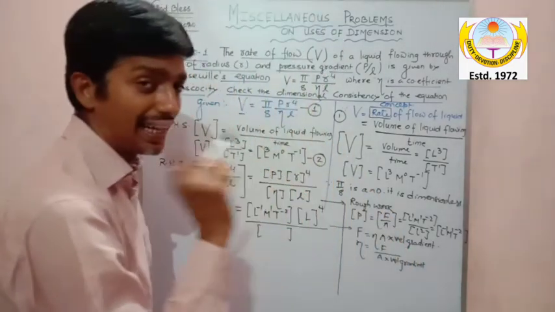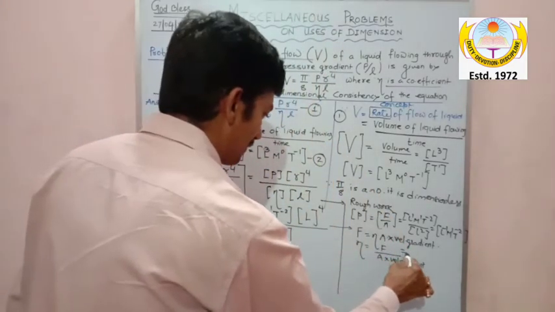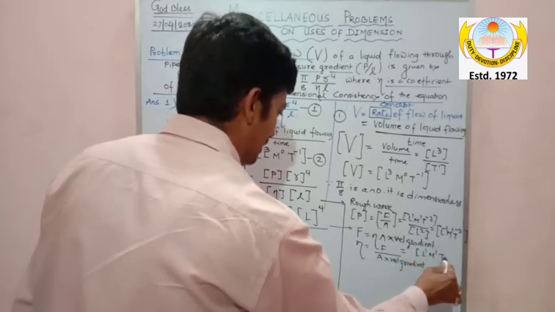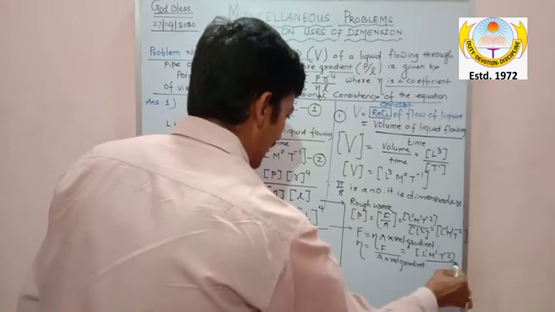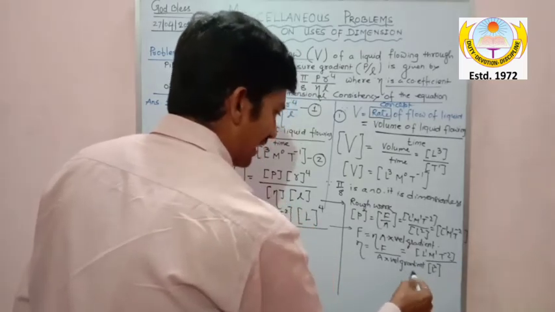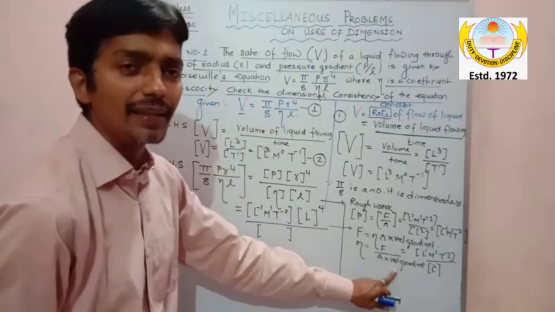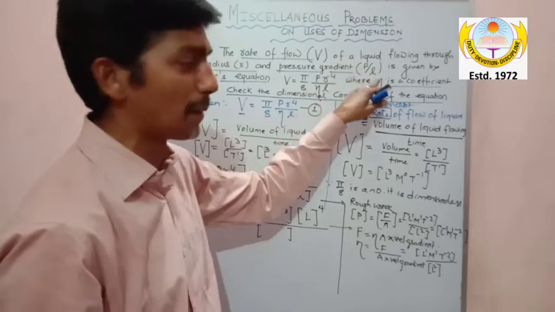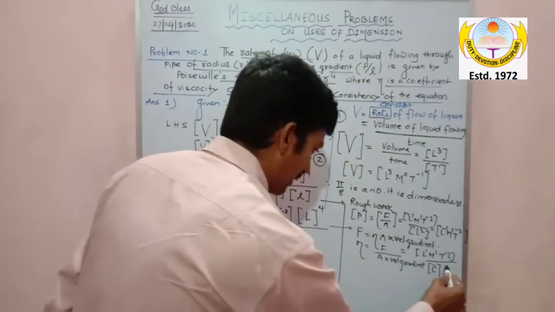I am doing each and every step. Now, the dimension of F is L1, M1, T minus 2. The dimension of area is L power 2. And the dimension of velocity gradient? That is velocity upon length. Velocity gradient, and what is pressure gradient? Pressure upon length. This is velocity upon length.